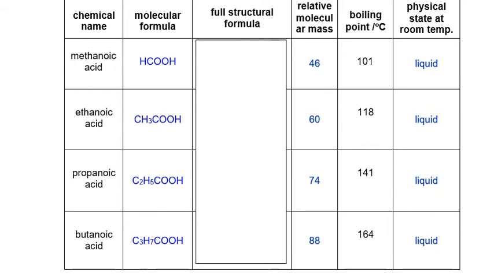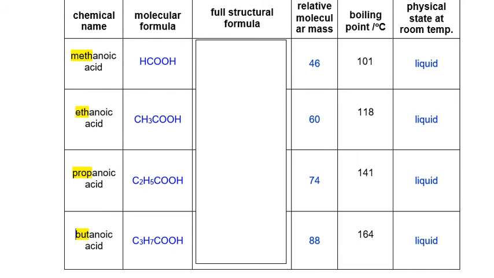The first part of the naming depends on the number of carbons present in the molecule. So methanoic acid contains 1 carbon atom, ethanoic acid contains 2 carbon atoms, and so on and so forth. Then since it's a carboxylic acid, it will end with "-oic acid". So this is how you name it.